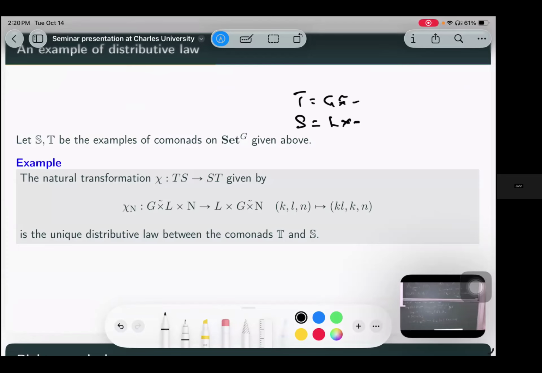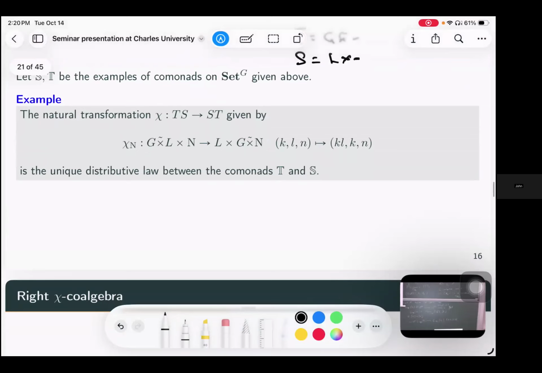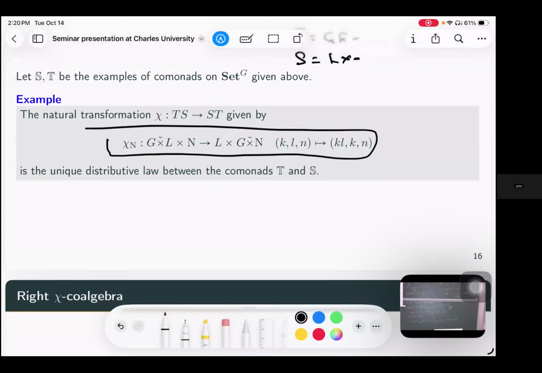And what we are saying here is that this natural transformation, which takes some k from G, l from L, and n from N, and gives us k of l, comma n, is a unique distributive law between the comonads T and S.